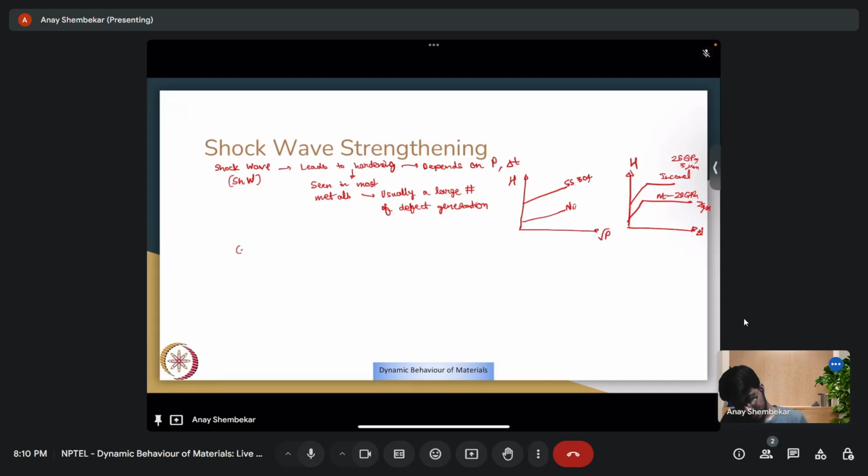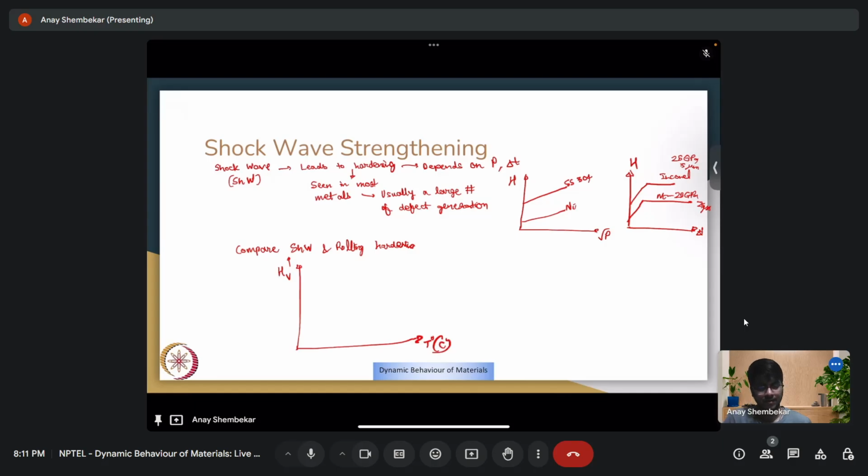If we compare shock wave and rolling hardening, we see some interesting results. So I'm plotting Vickers hardness on the y-axis, and temperature on the x-axis. Suppose this is the initial Vickers hardness, and this is for the nickel manganese steel.